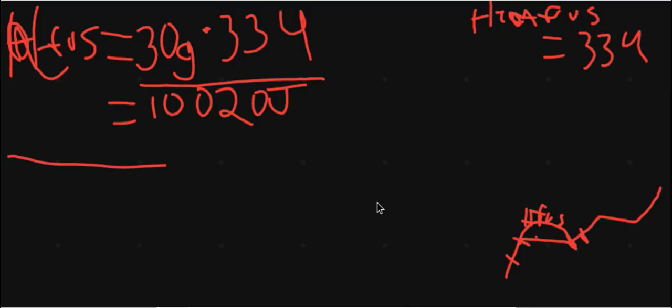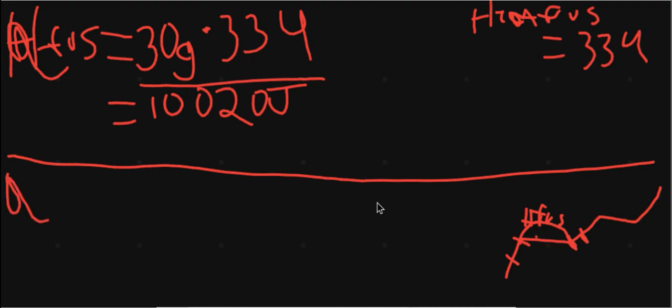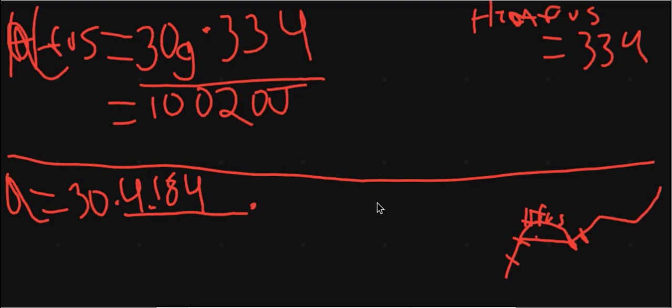We are still not complete. We have one last equation. And our last equation is very similar to our first. Q equals 30 times a different specific heat this time, since we are at a different phase. The liquid specific heat of water is different than the solid specific heat of water. In this case, liquid water specific heat is 4.184, which coincidentally is the amount of joules required for 1 calorie, times 4.